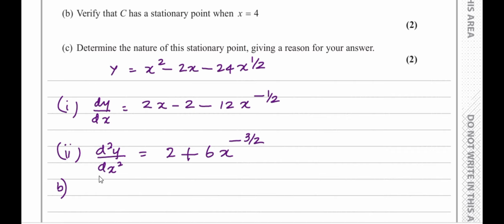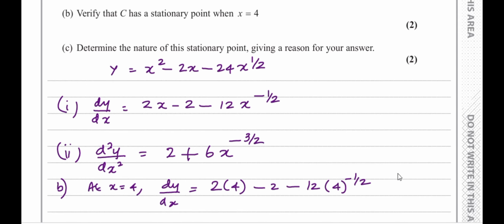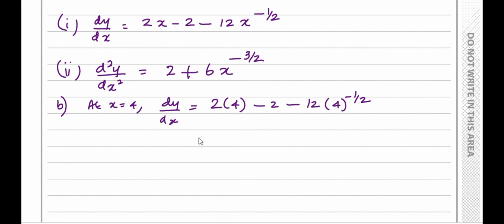Let's say putting x is equal to 4, dy by dx equals 2 bracket 4 minus 2 minus 12 times 4 to the power of minus half. Let's see whether this simplifies to 0.